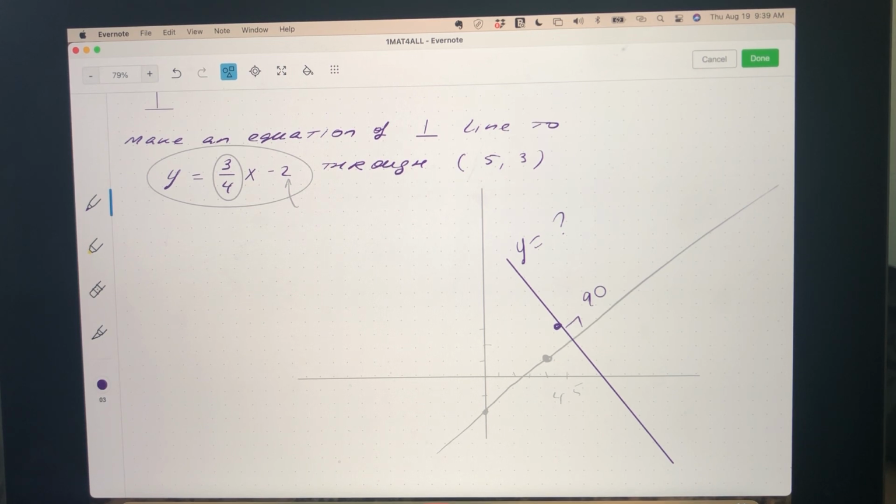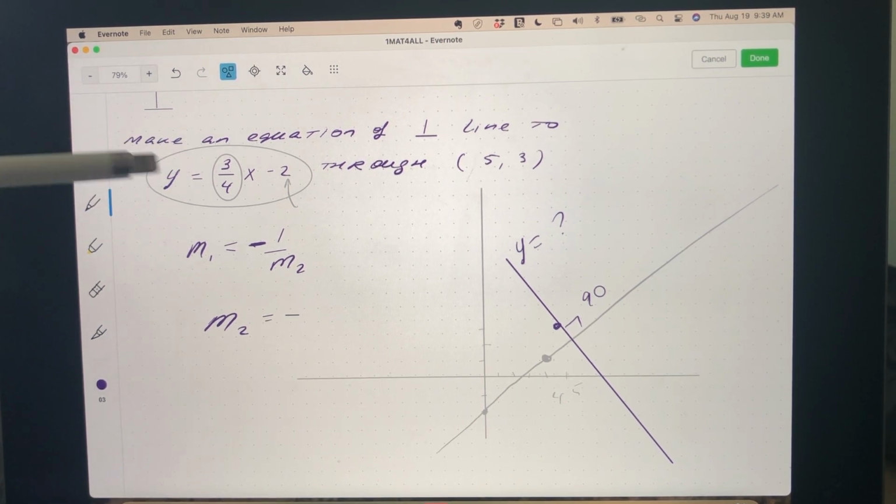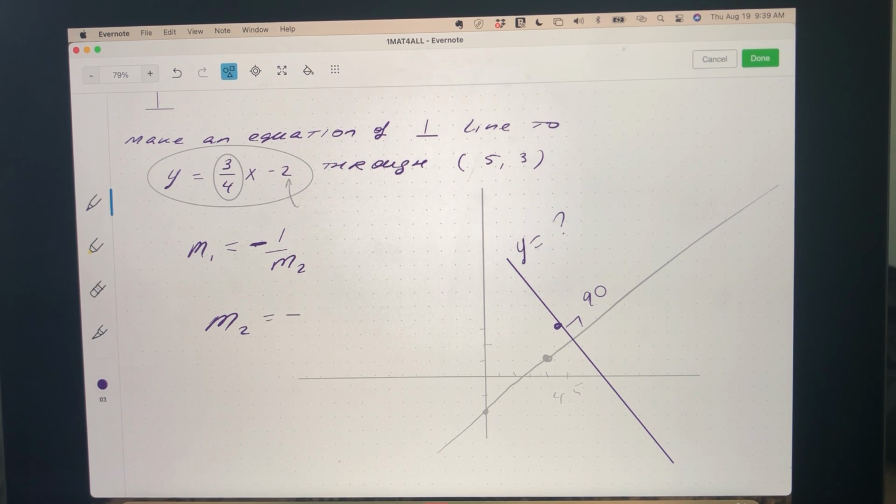Now, since we know that the two lines are perpendicular, we know that the slopes are negative reciprocals of each other. Negative reciprocal means that the sign would be opposite, and the numbers would be flipped. So the new slope is going to be negative, and the number would be the reciprocal of the original, so -4/3 as opposed to 3/4.